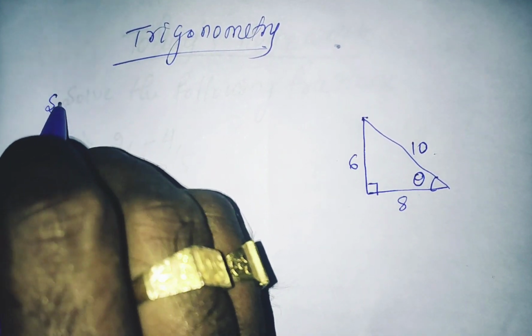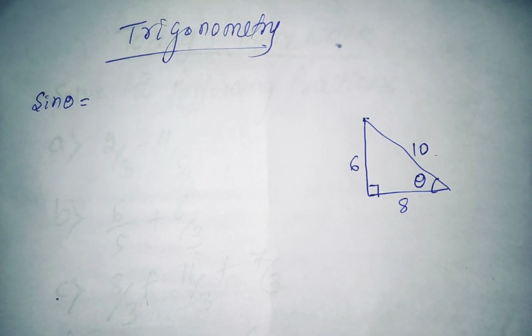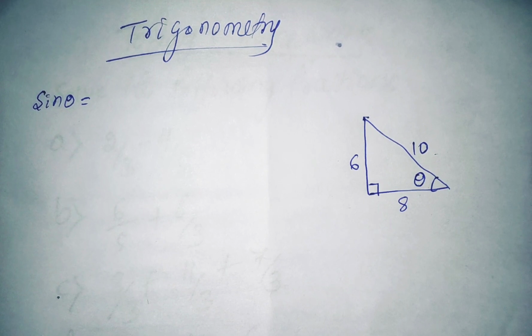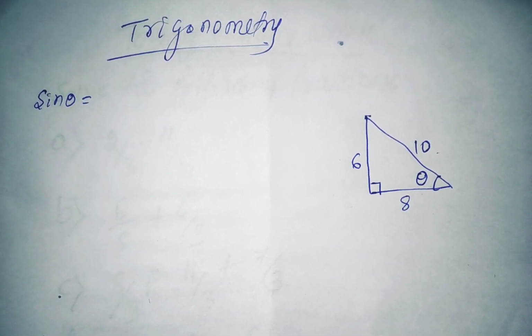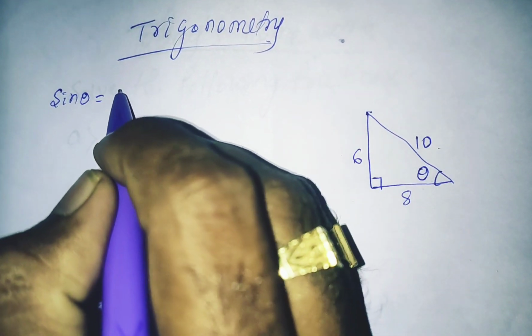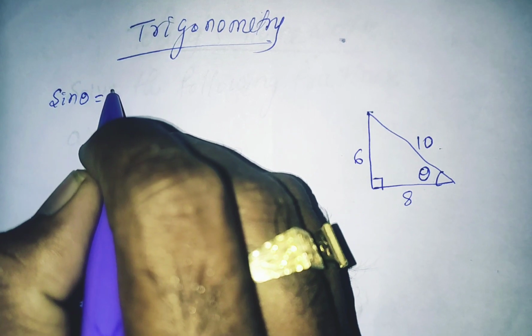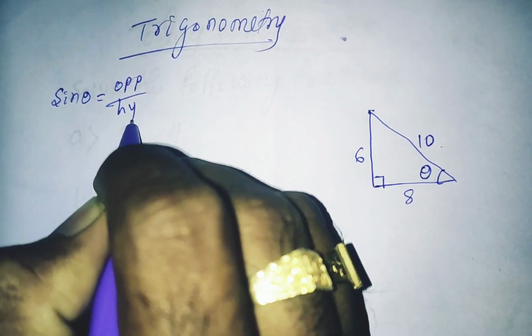First, we know sin theta. In the previous class I explained the basic definition of sin theta. What is the definition? P upon B? No, it's not P upon B. It is perpendicular upon hypotenuse, P upon H. Perpendicular means opposite, so opposite upon hypotenuse.